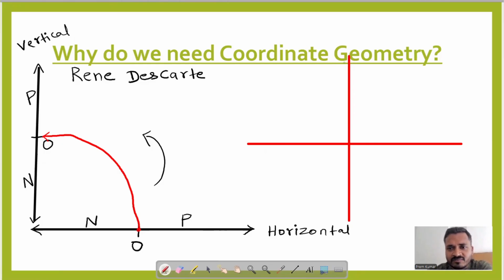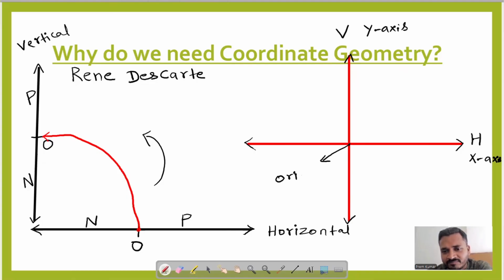So now this is our vertical line. Okay. And our horizontal line. So this is horizontal line, this is vertical line. So the horizontal line is named as x-axis, clear? And the vertical line is named as y-axis. And those two axes meet at a point, and that is called the origin.